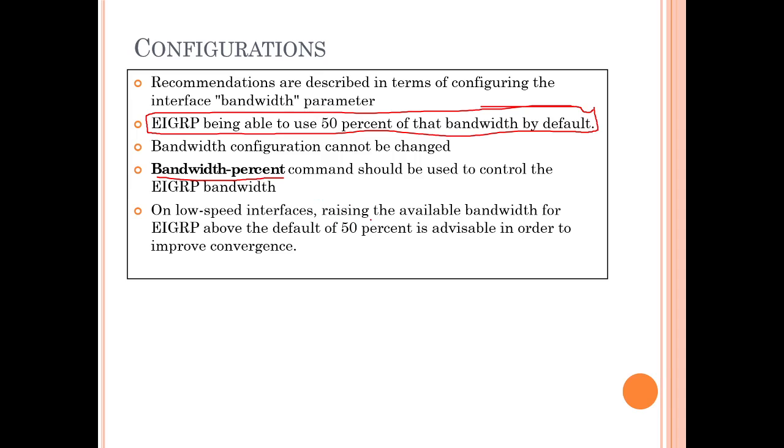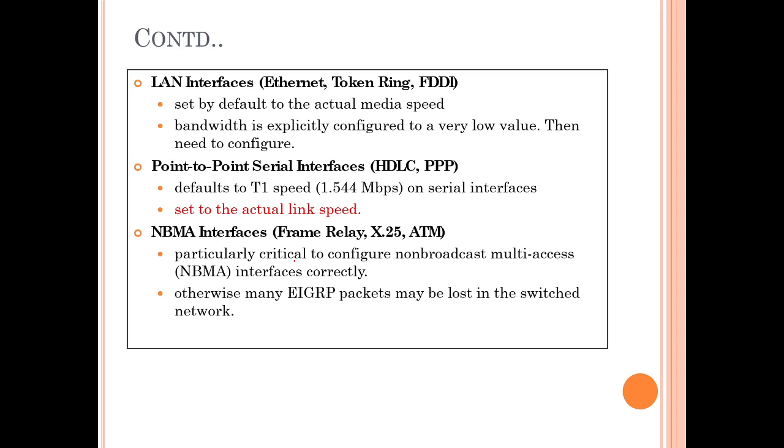On low speed interfaces, bandwidth for EIGRP above 50% is advisable in order to improve convergence. Okay, because that will help you to converge the full environment when you do show EIGRP routes, so you would see all the details there. So in this case we would have a lot of ease for convergence.